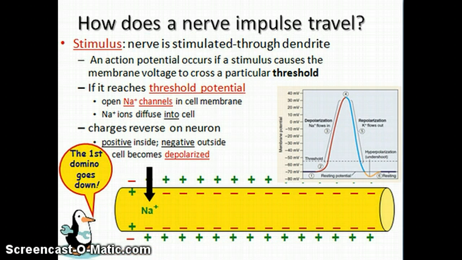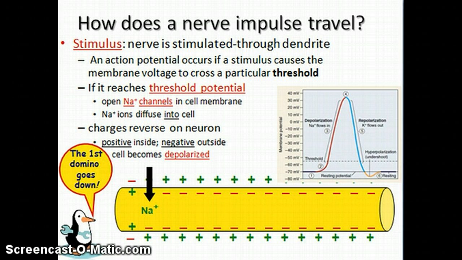So how does a nerve impulse travel? Well, we get that stimulus. A nerve is stimulated through the dendrite. The dendrite receives a signal, often a neurotransmitter binding to a receptor site on the dendrite, which sends a signal, and remember our signal transduction pathways, to open the sodium gates.